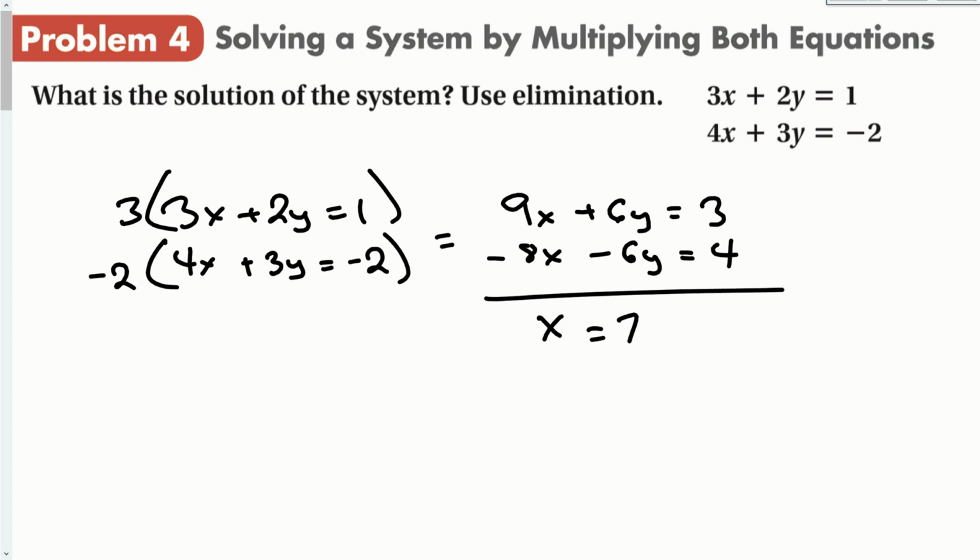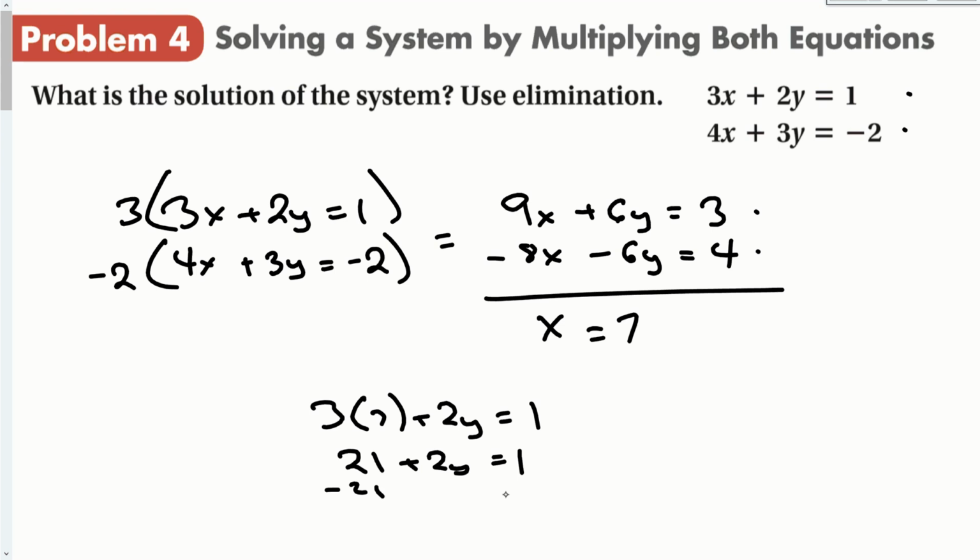Pick one to replace the 7, and it can be any one you want. One of these two new ones, one of these two old ones. Again, go for the one that has the smallest numbers, least amount of negatives. So I'm looking at the top one. So that's 3 times 7 plus 2y is equal to 1. 21 plus 2y is equal to 1.